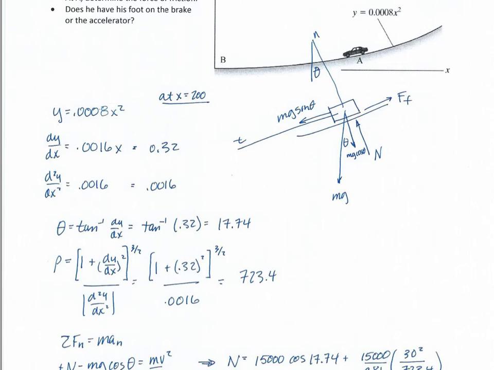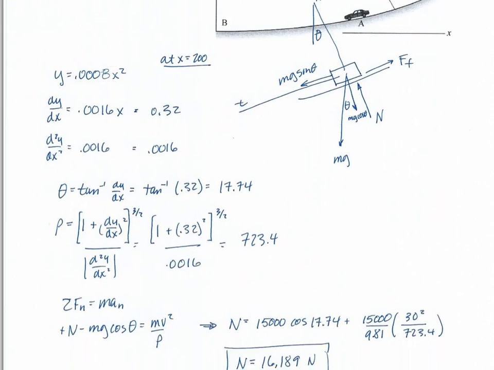And remember, theta is only resolved by taking the slope, or the inverse tan of dy/dx. Some people tried to find the slope by looking at this distance, where this was 200 and this was some distance in the y direction, and taking the value there. But remember, we did that in class, and that's an incorrect way of looking at the slope. So the only way to find the slope is to take the derivative. Then we plug the numbers into the rho equation, and we can find out the instantaneous radius.